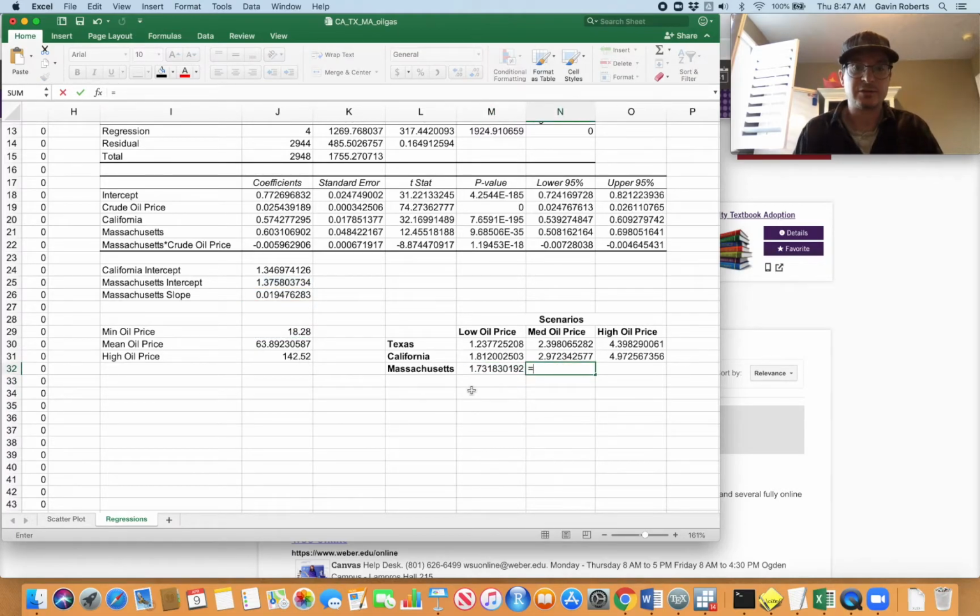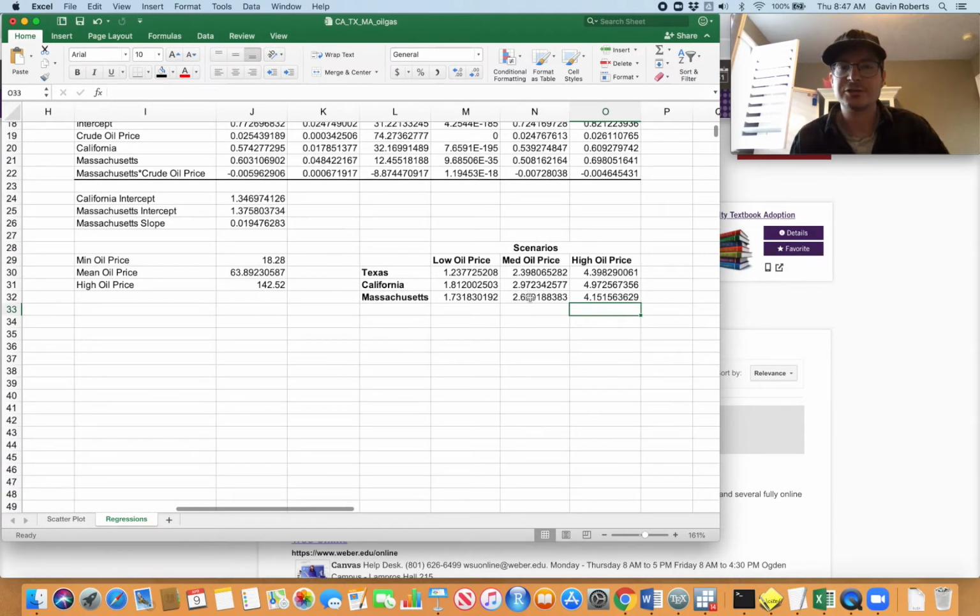This is going to equal the Massachusetts intercept plus the Massachusetts slope times the mean oil price. And this is going to equal the Massachusetts intercept plus the Massachusetts slope times the high oil price.